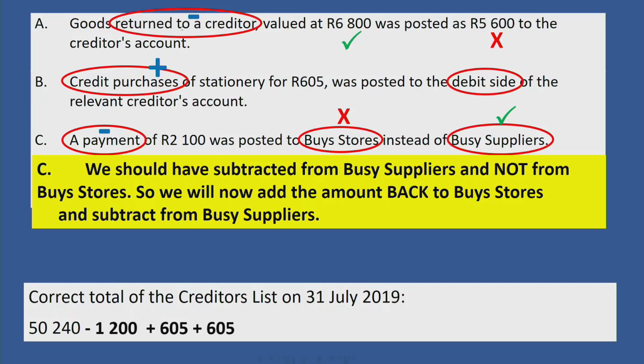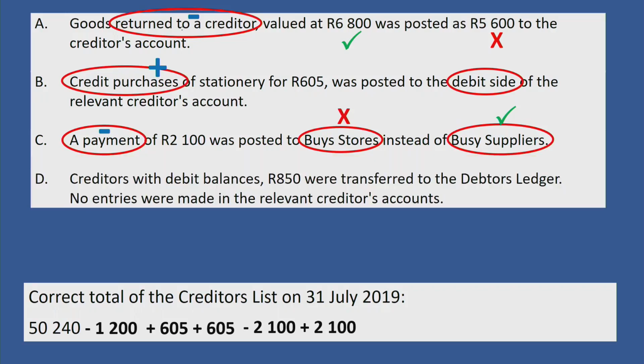The minus 2,100 would be the guy I actually paid, Busy Suppliers, and the plus 2,100 would be the one where I made the mistake. I know minus 2,100 and plus 2,100 equals 0. But remember, we are indicating real entries, and you're really going to have to change both Base Stores and Busy Suppliers account.